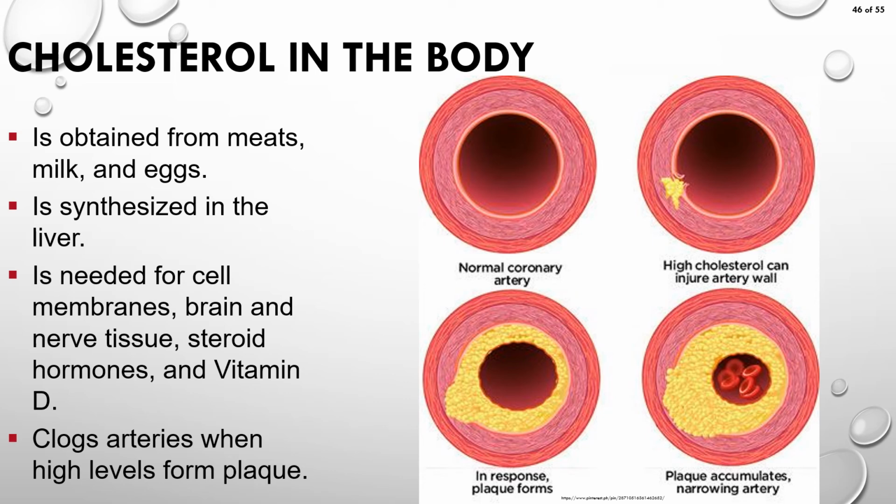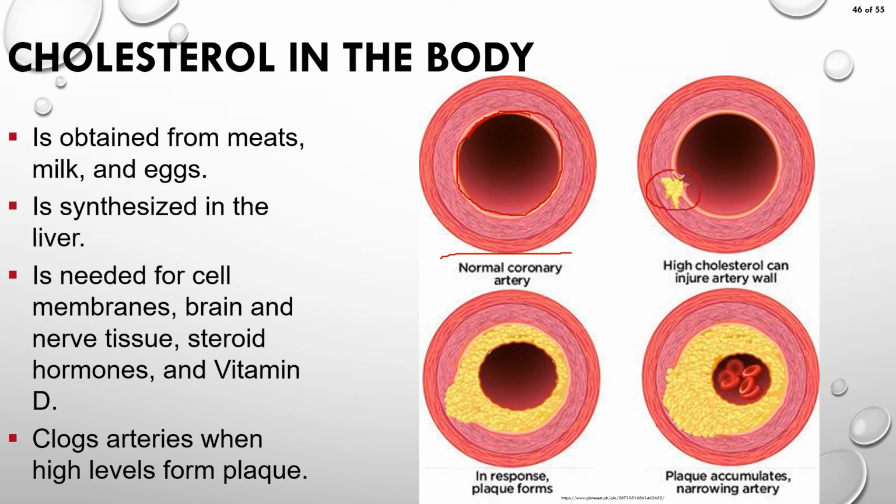If one has too much cholesterol in the blood, it can combine with other substances in the blood to form plaque. So you have here a normal coronary artery. The diameter is quite big. It's very clean with no plaque at all. But if you have high cholesterol, it can injure the wall of the artery.